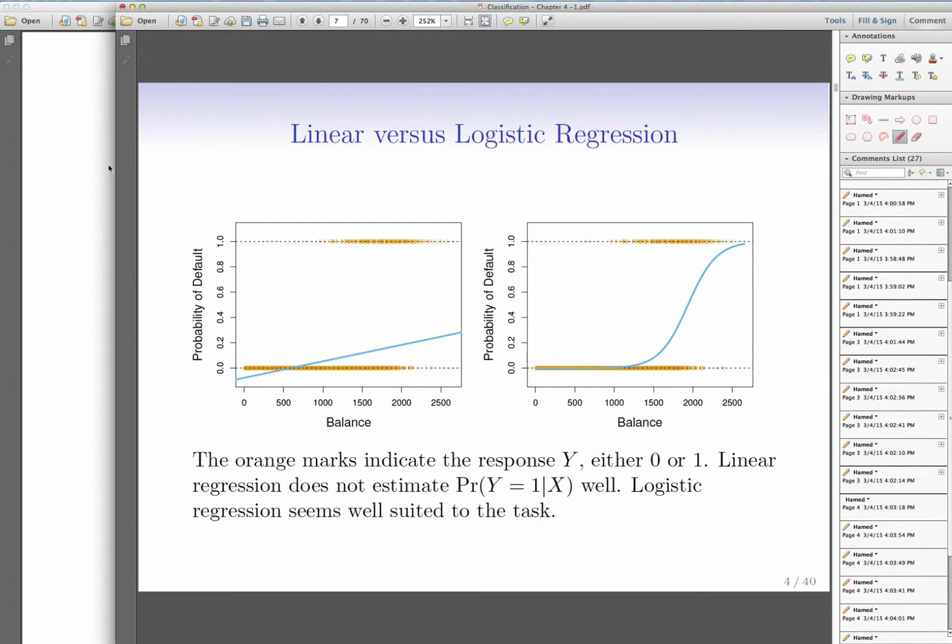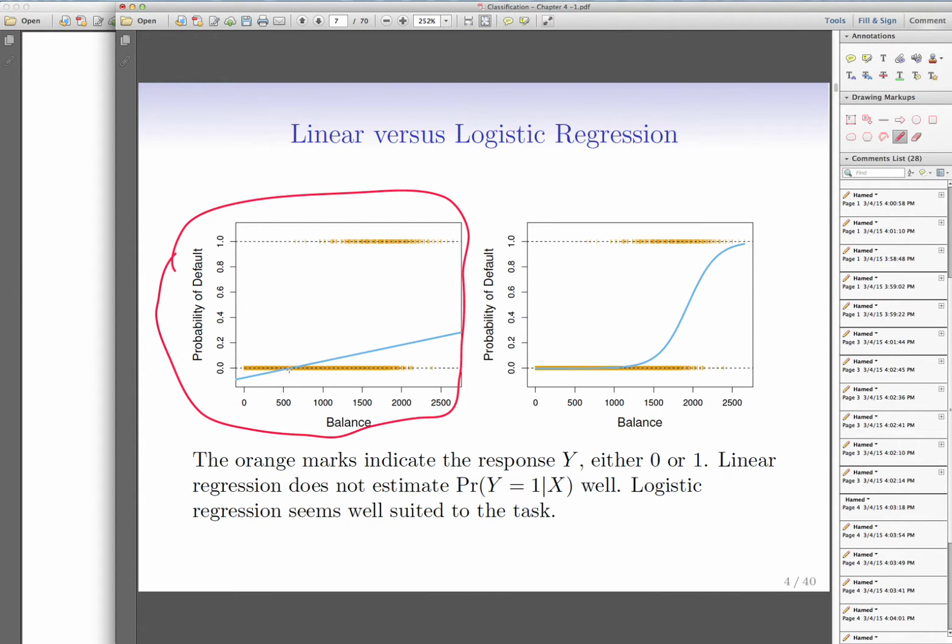In the left-hand side graph, what you see here is a bunch of observations. Here we have balance, and these are the instances where we didn't see default. Here, again for balance, we see for these balances we saw default.